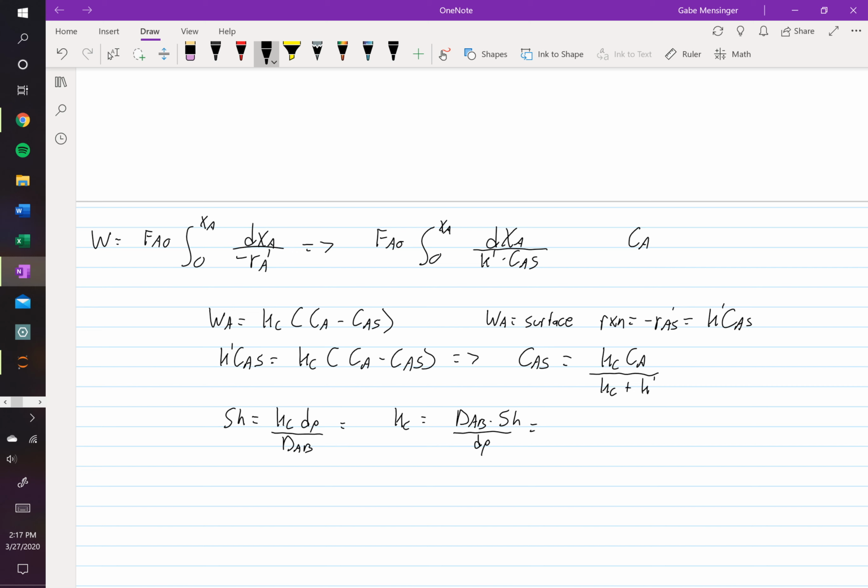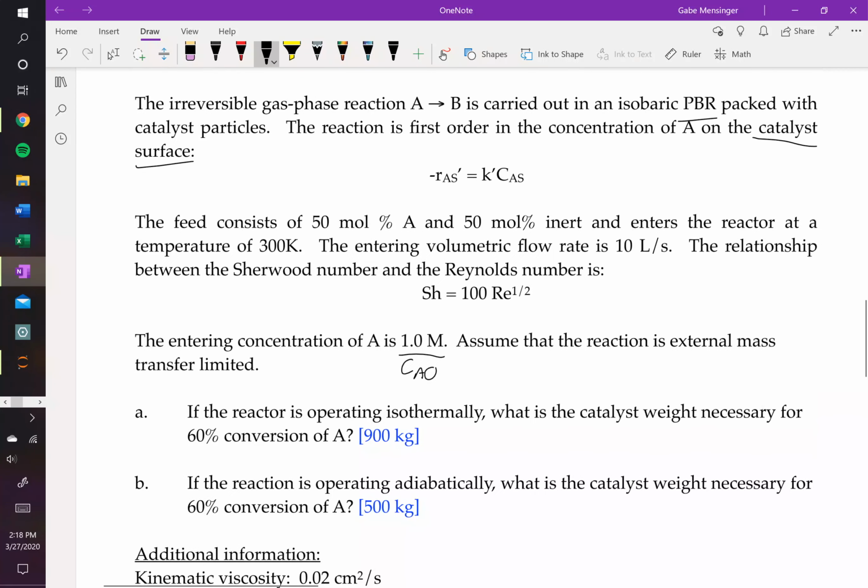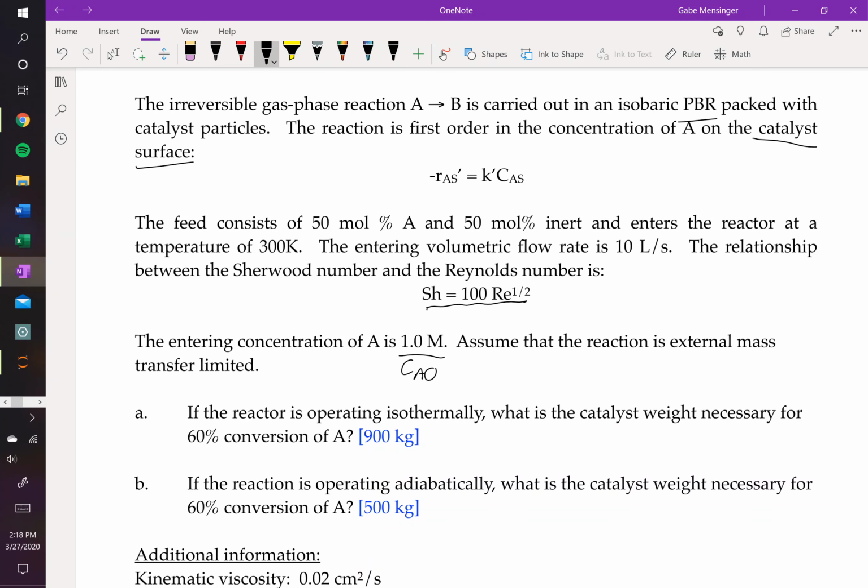And we're given an expression for our Sherwood number in terms of the Reynolds number, which is times 100 times the square root of the Reynolds number, over dP. And that substitution was just made from what was given.